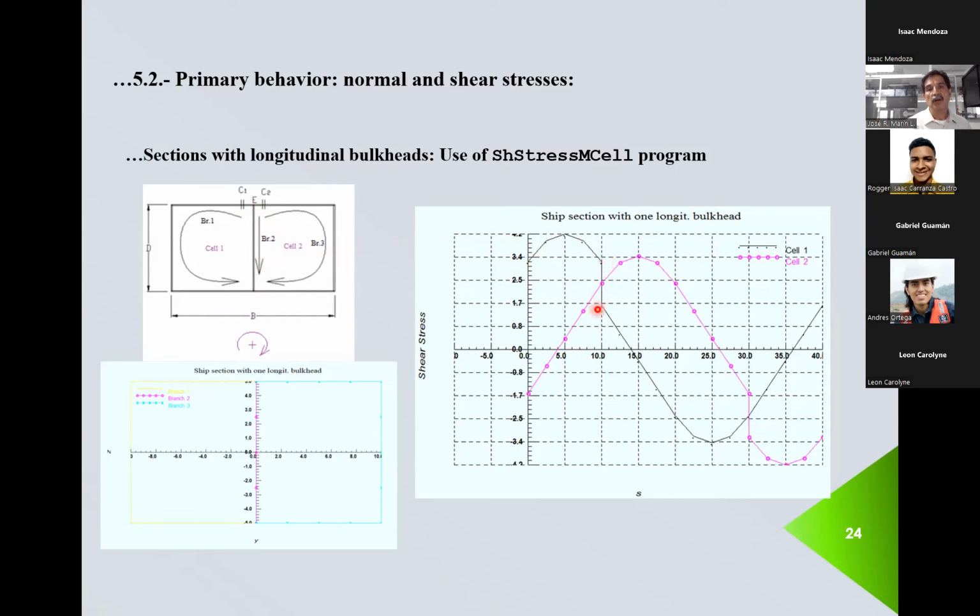Then we have a jump in here. We have a linear distribution in the bottom, from here until here. About 4 meters from here, we see that the shear stress is null.